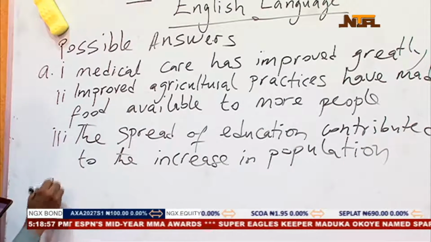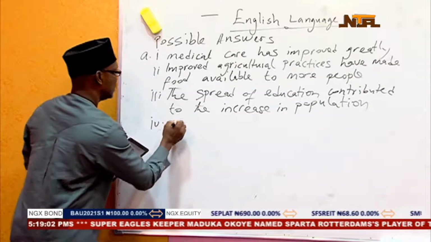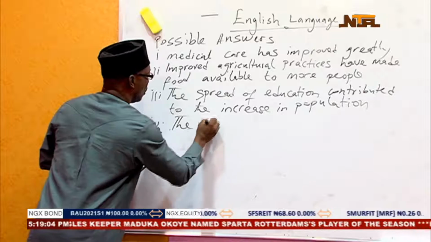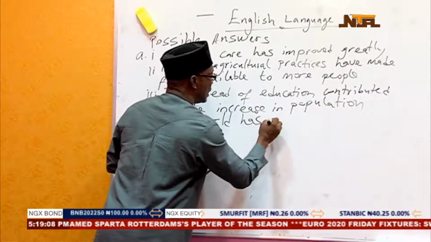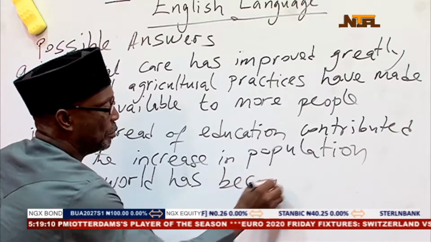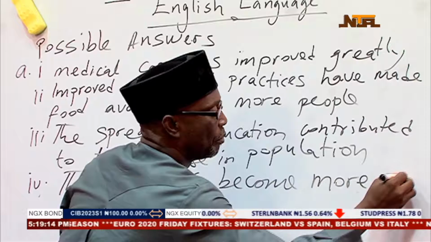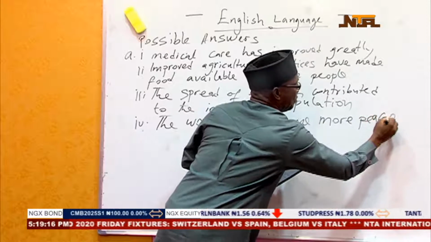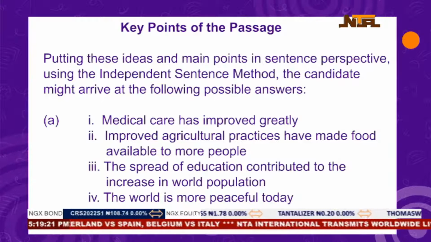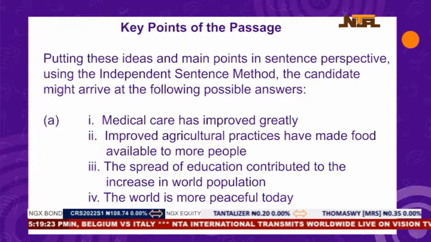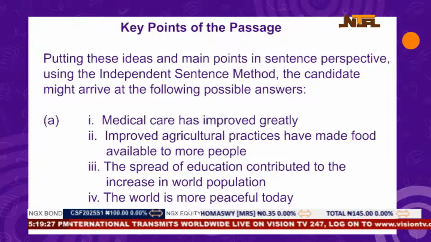And the last on this level is: the world has become more peaceful. These are the 4 sentences required of you to tell us why population has been on the increase.